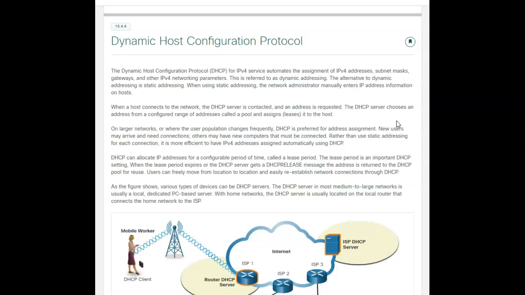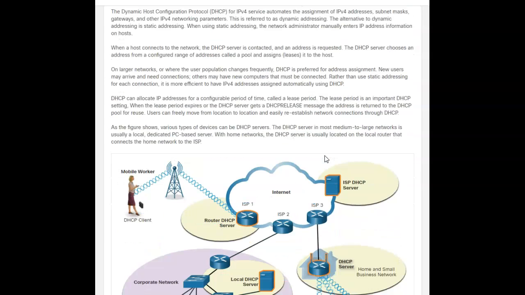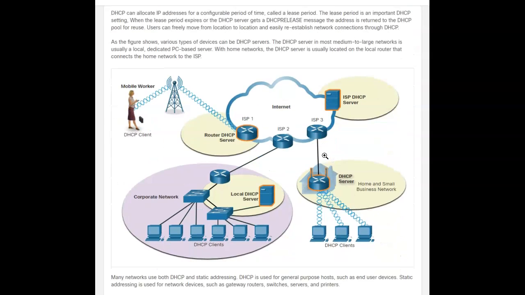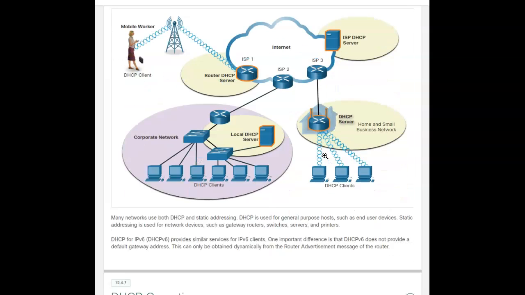When you set up the pool, you can specify how long or short an interval you want to let them have access to that IP address. So when you say, I'll lease it to you for a day, that time period is called the lease period. Most of us will use DHCP only because it's easy.